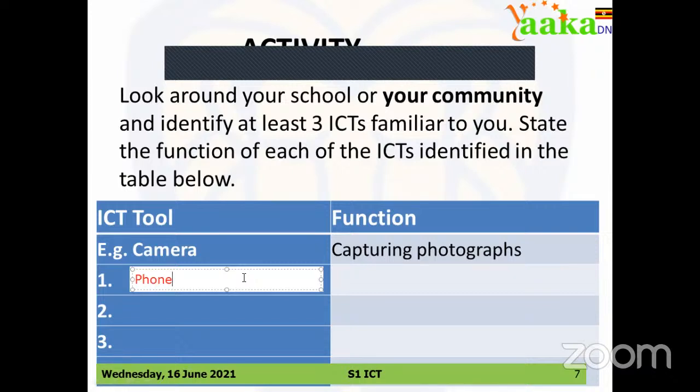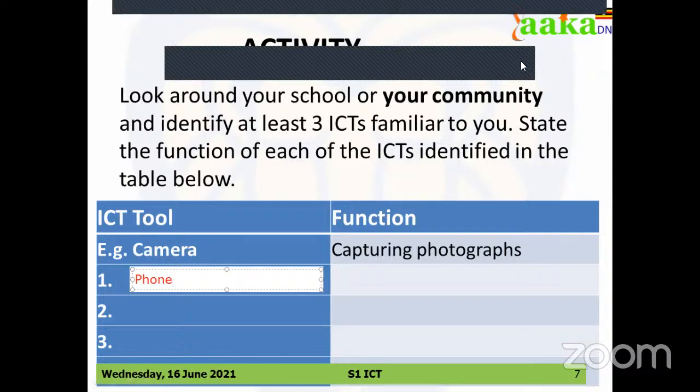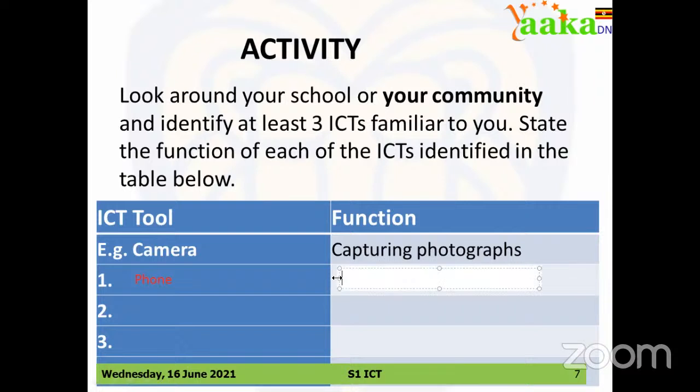Are you seeing on screen? Are we all seeing what is on screen? Yes, we are. Okay. Phone, can you talk about its use? Used for sending messages and calling people.